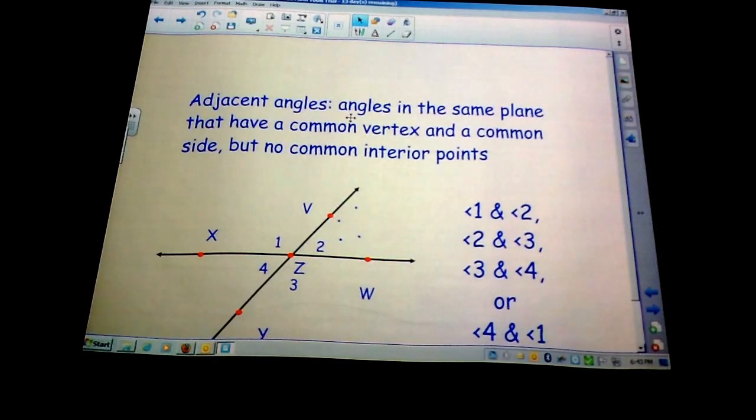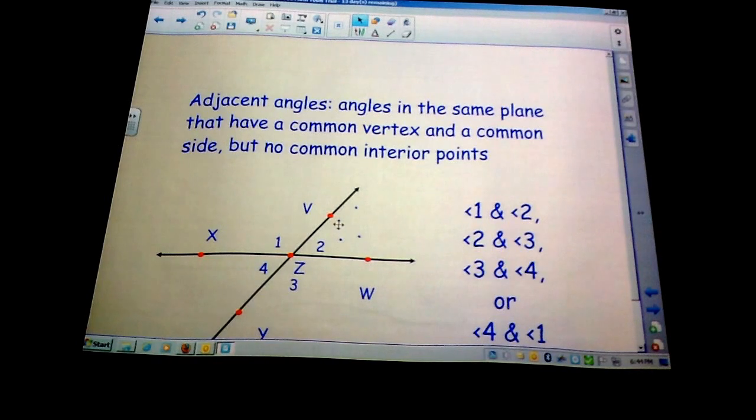Alright, the first pair of angles that we're going to talk about is adjacent angles. These are angles in the same plane that have a common vertex and a common side, but they share no common interior points. As we see from this drawing, we have angle 1 and angle 2. They would be adjacent angles because they share this common side.